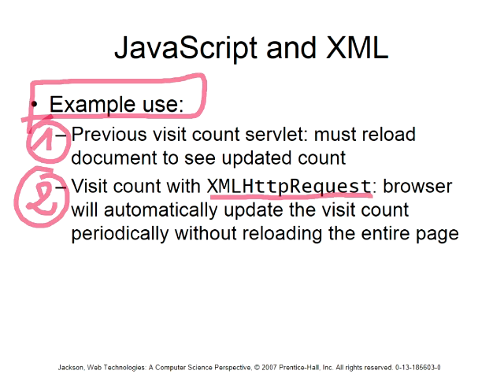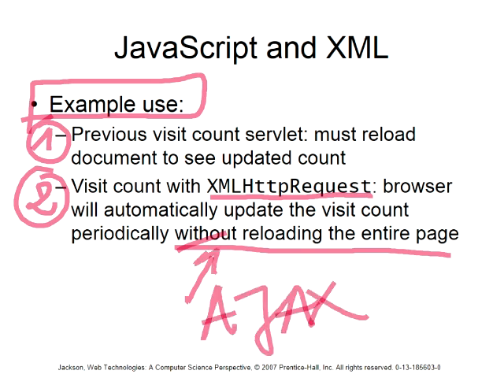In the second one, the visit count is created using XML HTTP request, and the browser will automatically update the visit count without reloading the entire page. This is created using AJAX.